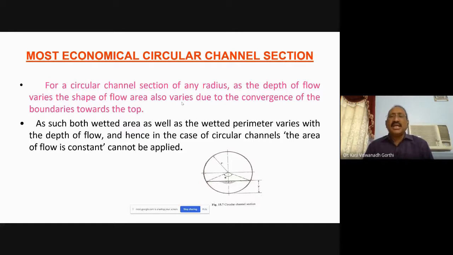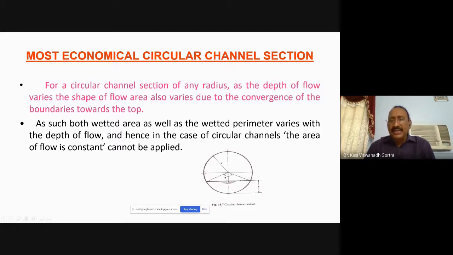But for the circular channel section, we need to understand one important point. In the figure you may observe, this is the circular channel section for any arbitrary depth of flow y. For any arbitrary depth of flow y, this is the top surface, also called the free surface. As the depth of flow is increasing, what is happening?